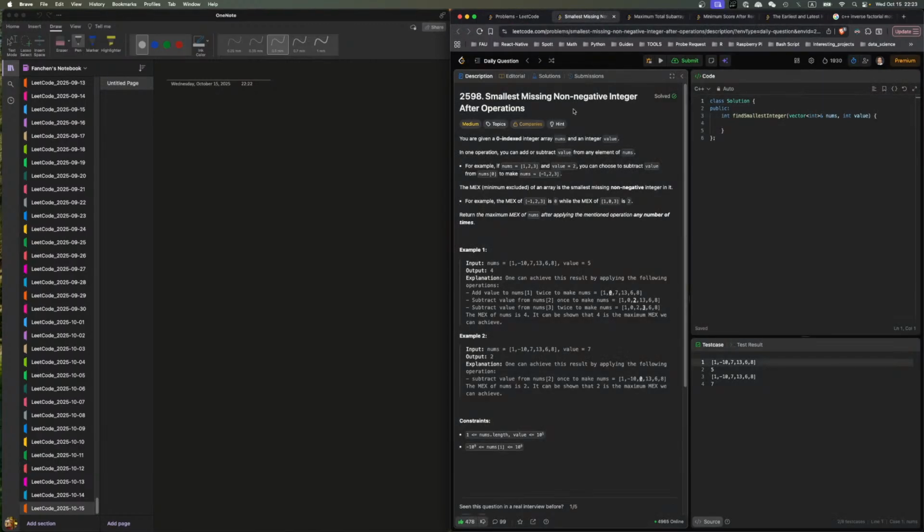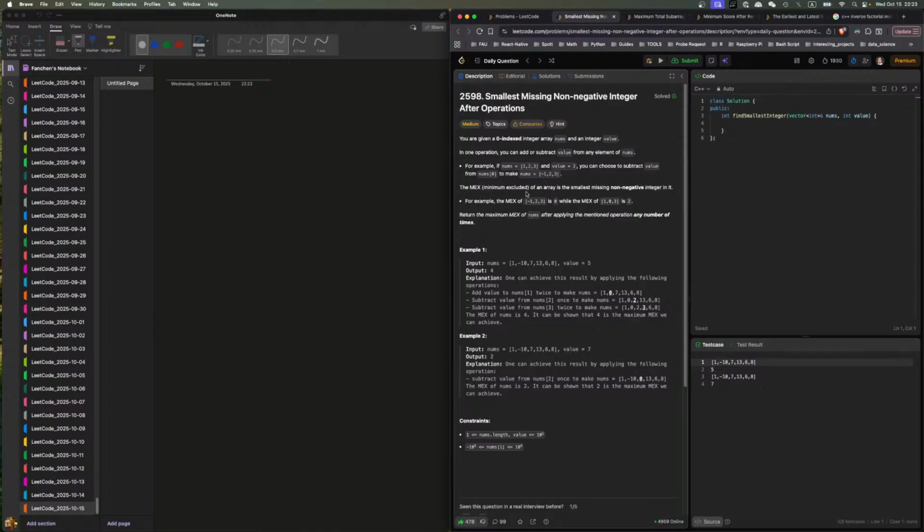Smallest missing non-negative integers. In one operation, you can add or subtract value from any element of nums. For example, with a value of 2, you can choose to subtract value from nums[0] and it becomes this.